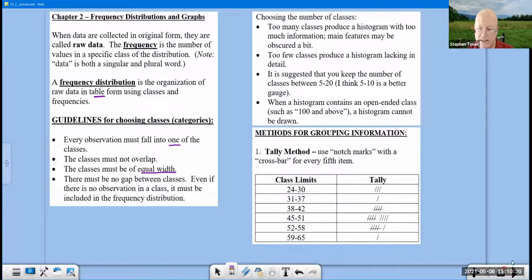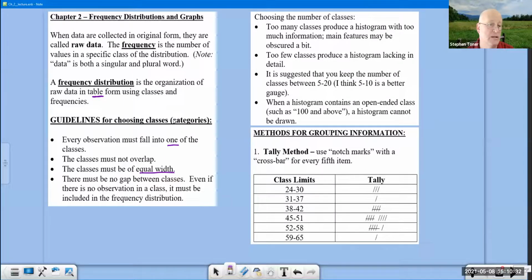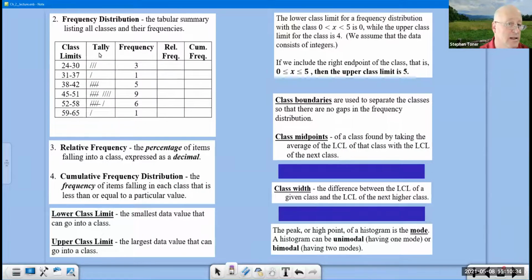Now, if I take that same information and put it into another type of table, and I leave out that first column and only have the first list of classes along with the frequencies, that then is known as a frequency distribution. And that is the tabular, the table summary listing all the classes and their frequencies.